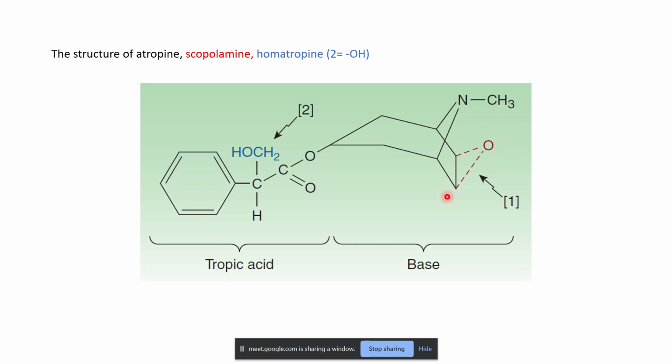So the chemical structure of scopolamine is the same as for atropine, but with an additional oxygen here, and scopolamine is obtained from Hyoscyamus niger. It also has common features with atropine, and is also used as a drug.